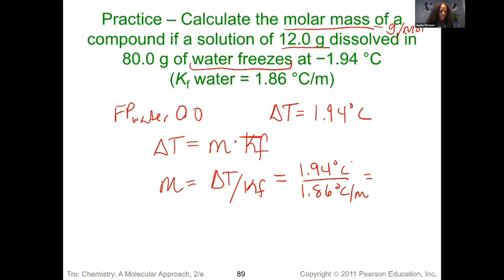And that gets us 1.94 divided by 1.86. And that gets us 1.04 molal. Okay. Well, so now we got to figure out, well, how do I tease out the moles?